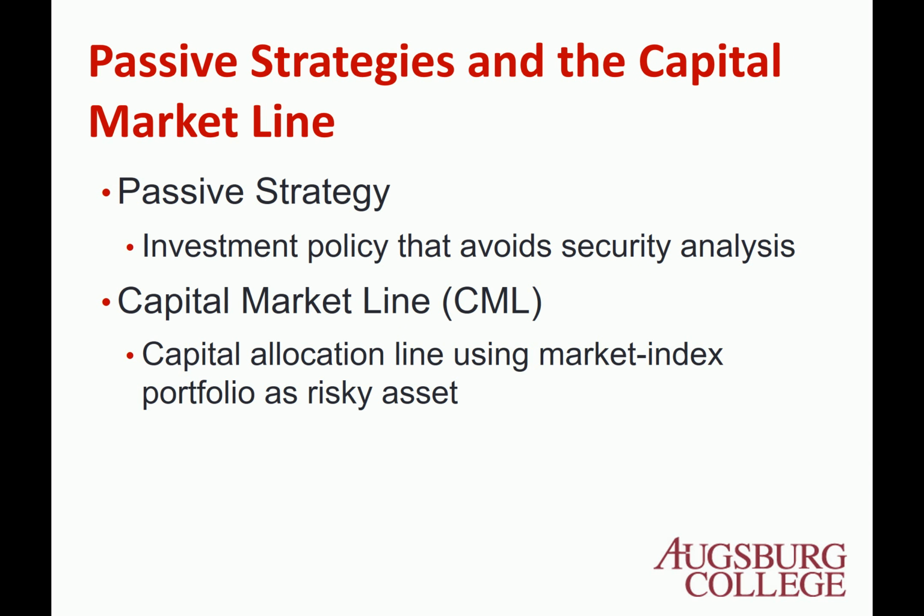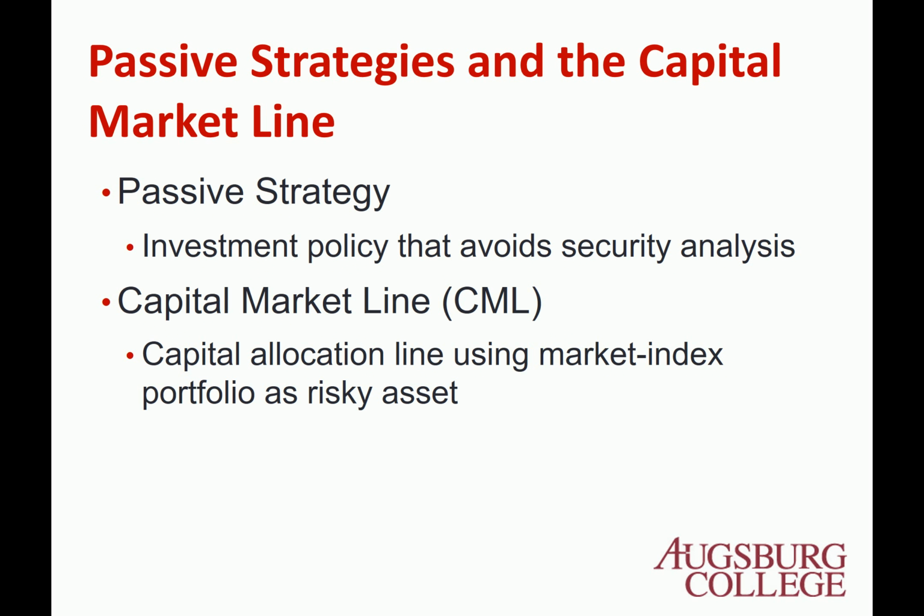Now, if you look at the capital market line, there's one good lesson you can learn. First of all, you remember last class, the active strategy versus passive strategy, right? Active strategy, they try to find a mispriced asset and trade, so you can make more money.